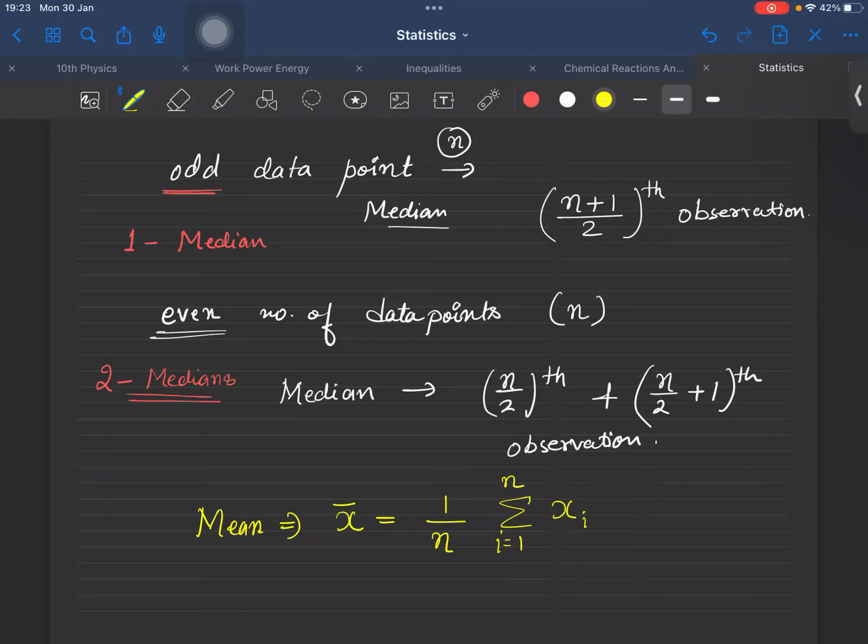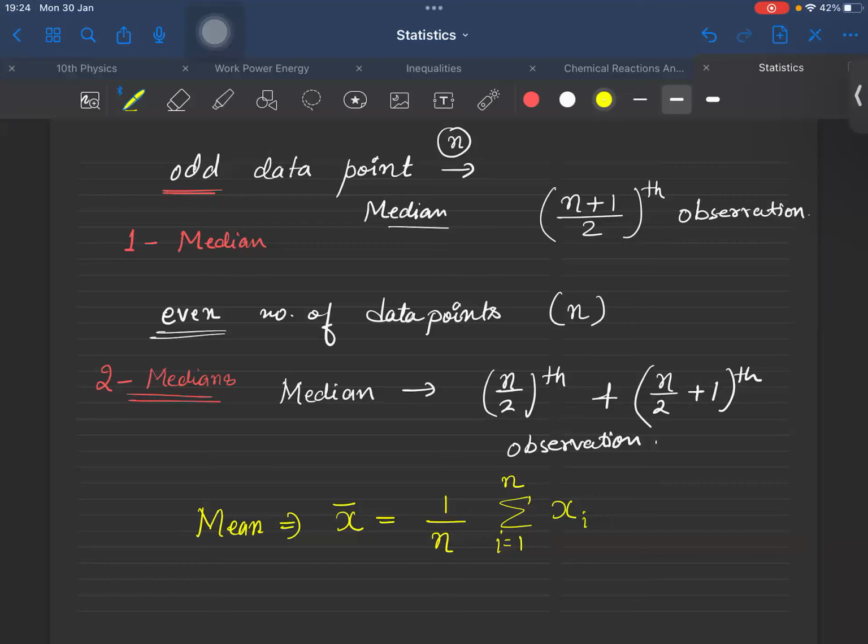In upcoming classes, that means tomorrow and the day after, we are going to study deviation from the mean. Hopefully we can sum it up tomorrow itself and finish the chapter. It is not a very big chapter. We'll calculate the deviation from the mean point.